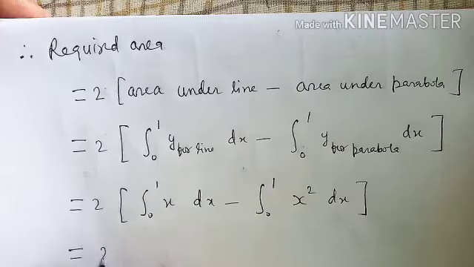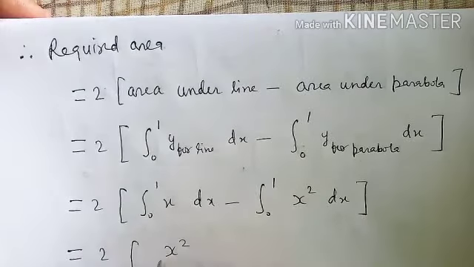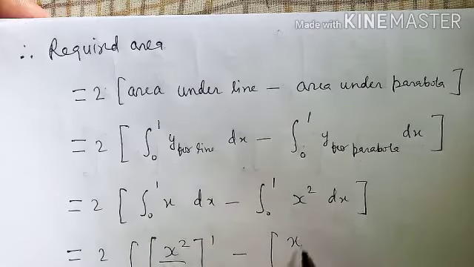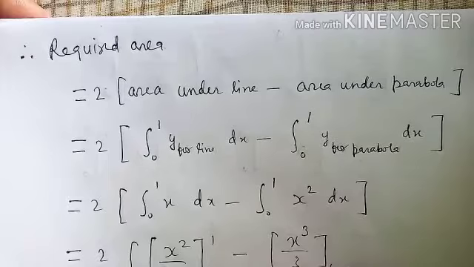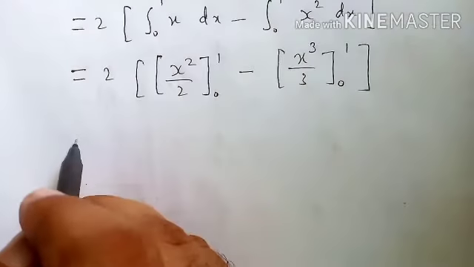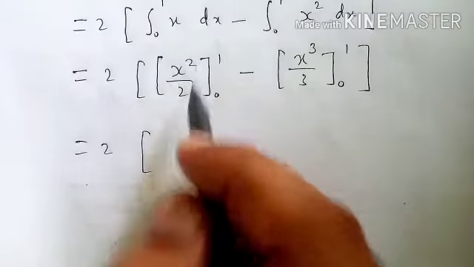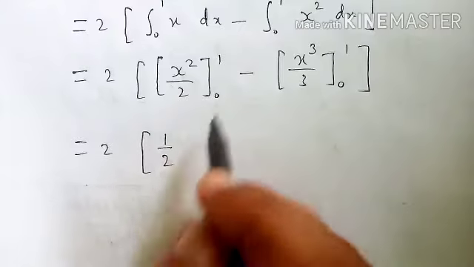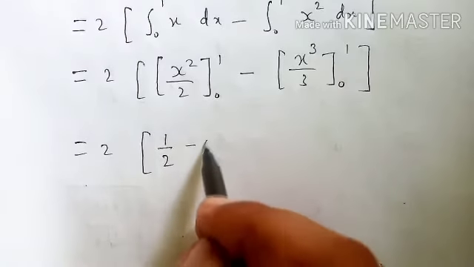So we have x square by 2 integral from 0 to 1 minus x cube by 3 integral from 0 to 1. We put x is equal to 1, then we have 1 by 2. We put x is equal to 0, then we have 0.